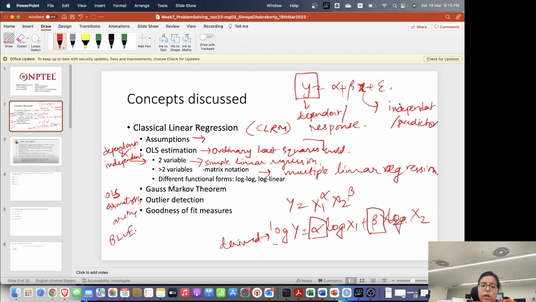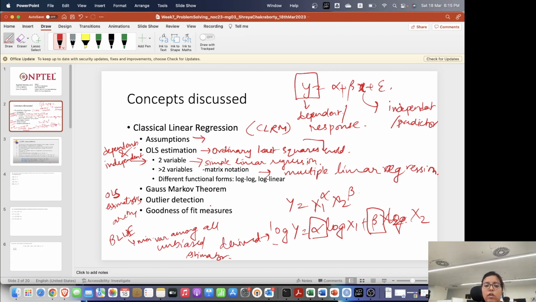Why BLUE? Because they will be the best, with minimum variance among all unbiased estimators. So this was what the Gauss-Markov theorem was about.